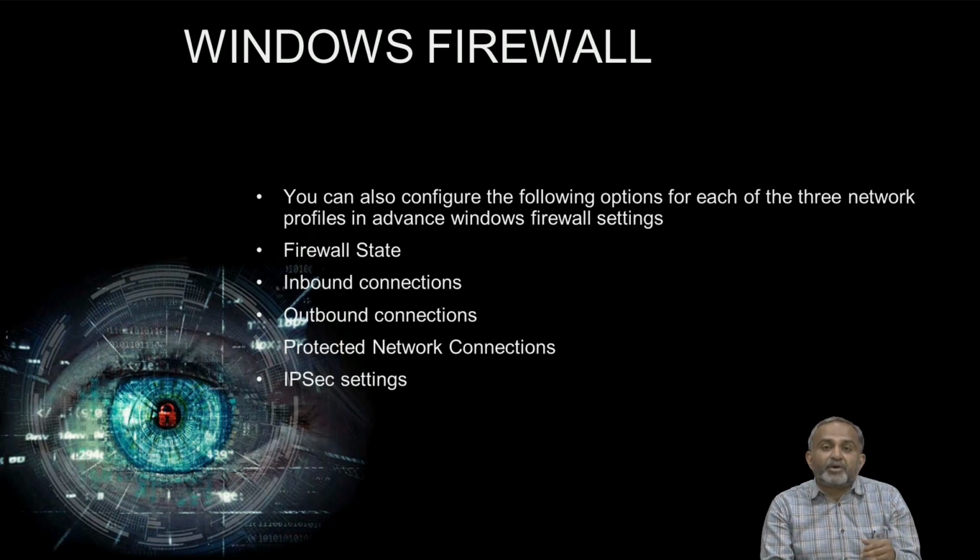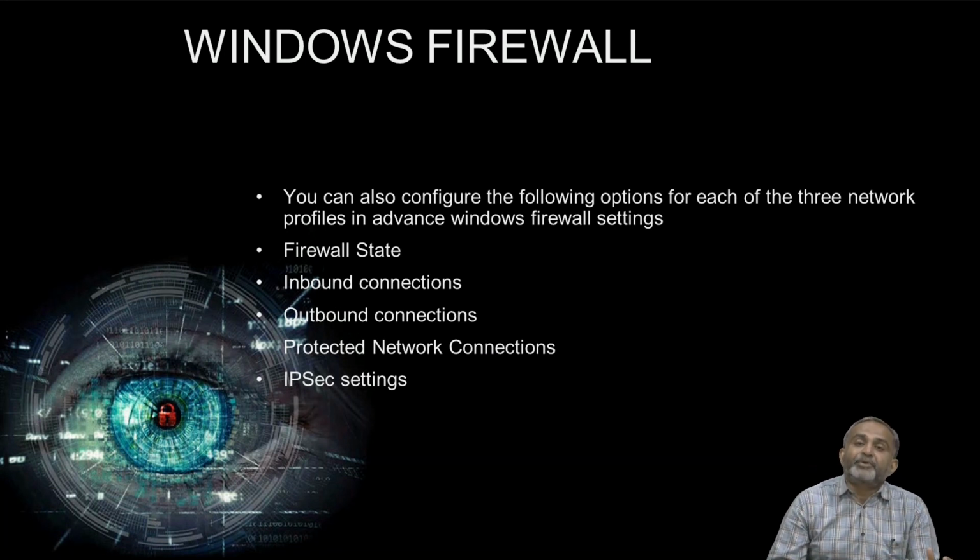After that, inbound connection means which kinds of connections are required to be monitored, or which kinds of connections can be considered normal connections. For outbound traffic, if you want to restrict certain kinds of data or packets sent from your network to another network, at that time you can set the outbound connection also.